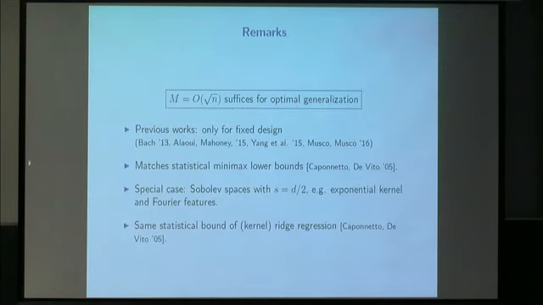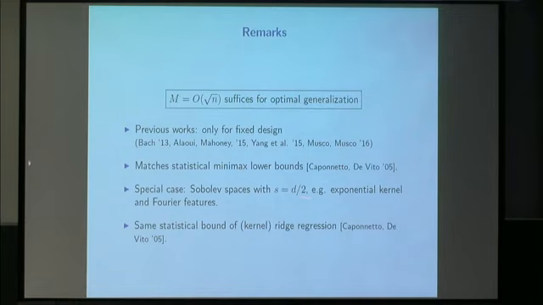So the consequence is that a number of Nystrom points in the order of square root of n is enough for optimal generalization, at least in the worst case scenario. As I said, it matches the minimax lower bound of kernel ridge regression, and it covers some well-known cases.